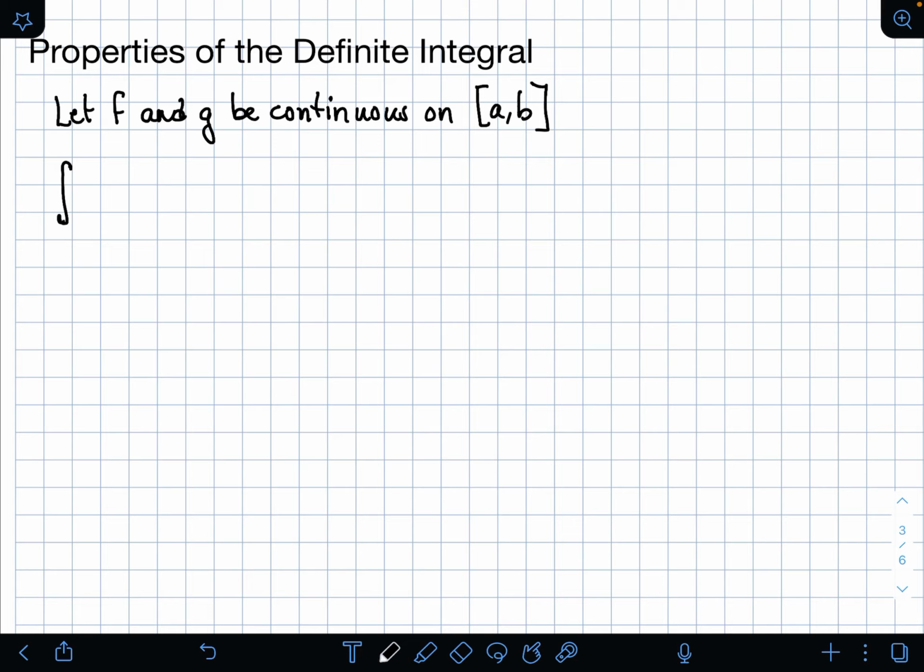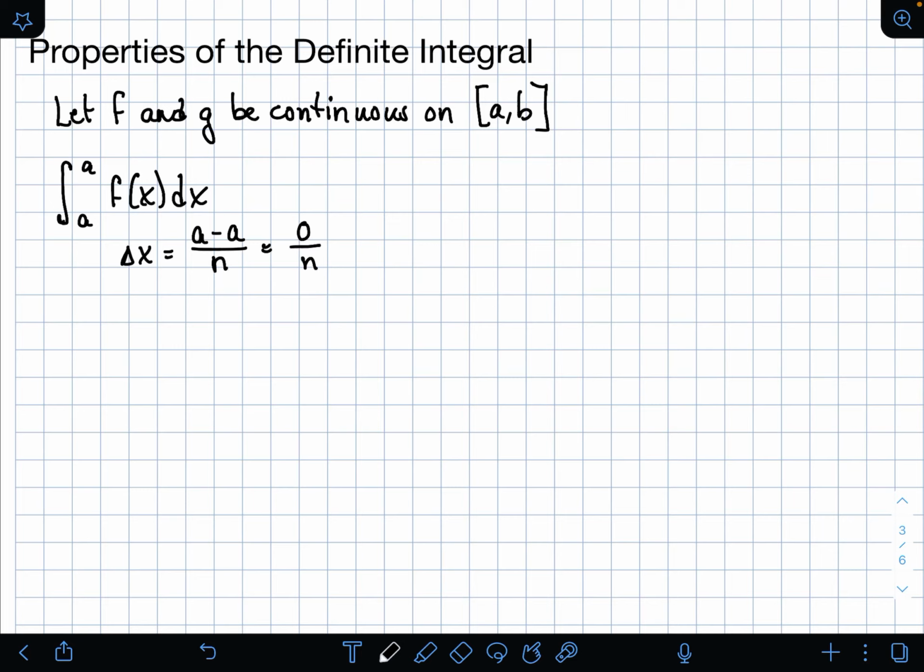Our first property is the definite integral from a to a of f of x dx. Now that is a little curious because the lower and upper limits of integration are both a. This actually corresponds to a region that has no width. Because remember, in the Riemann sum, delta x is the right endpoint of the interval minus the left endpoint of the interval over n.